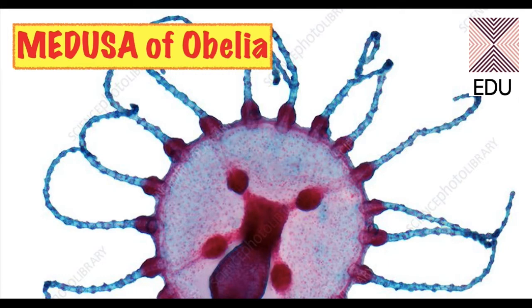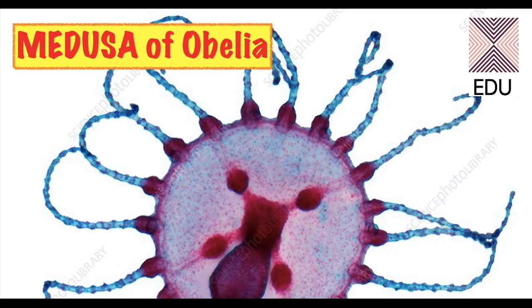As we have discussed earlier, it has 4 radial canals, 1 circular canal, and 4 gonads. It has a manubrium and a mouth also. This medusa is a free living form, and it can swim in water. It can gather its food with the help of the tentacles. It has the stinging cells.